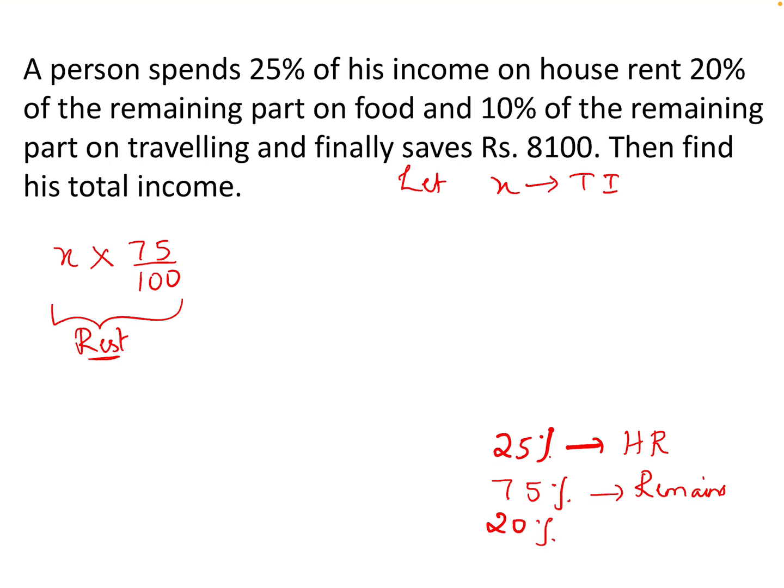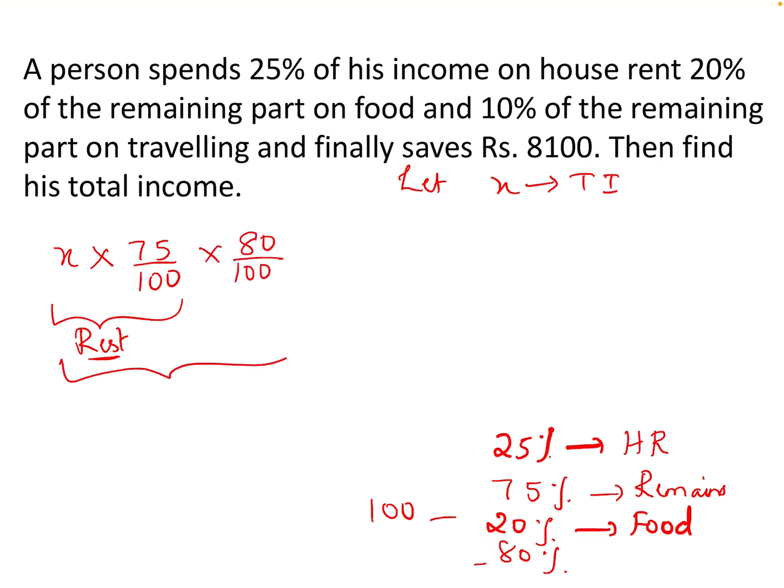If he spends 20% of 100 on food, then what will remain? 80% will remain. So I will multiply into 80 by 100. This will again give us the remaining rest.